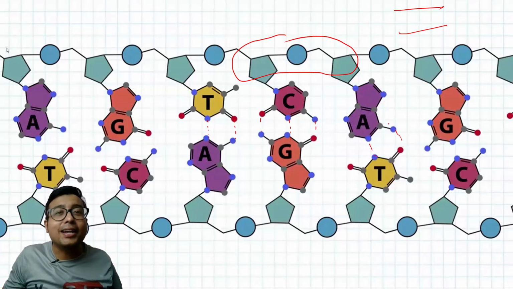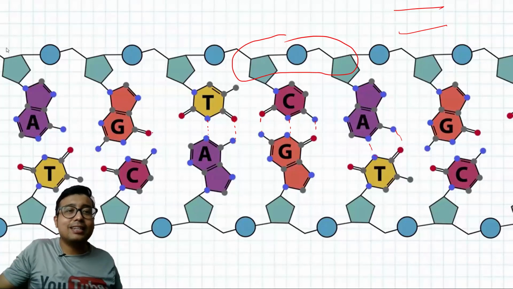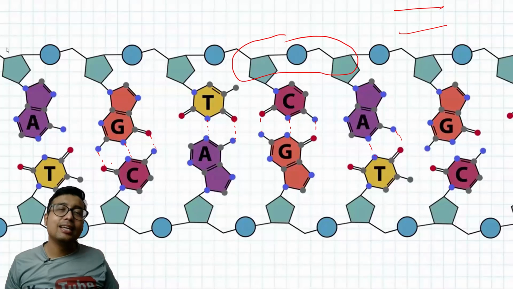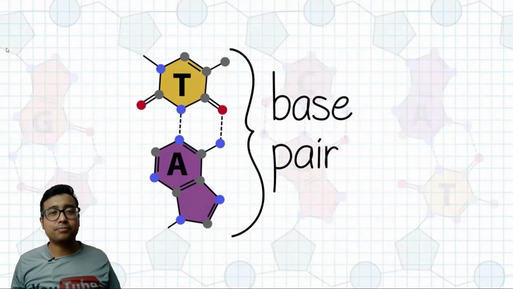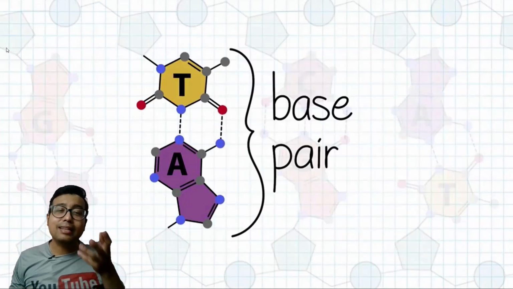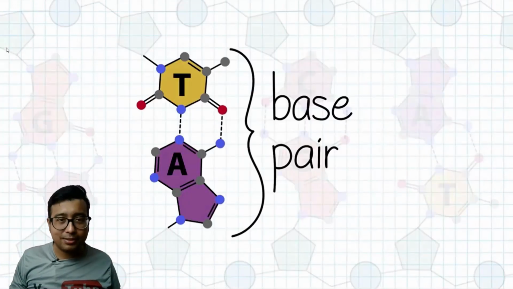So these are hydrogen bonds. You can see in between G and C, we have scope to make 3 hydrogen bonds, and in between A and T, we have scope to make 2 hydrogen bonds. This is known as Chargaff's rule, as you already know by now. By the hydrogen bonds, they form a base pair.